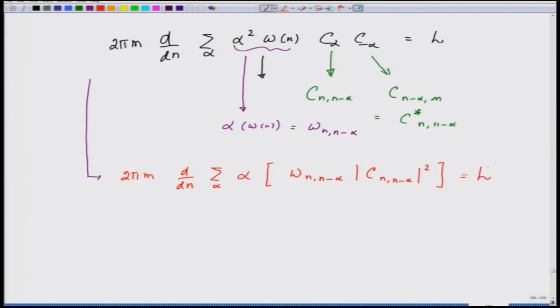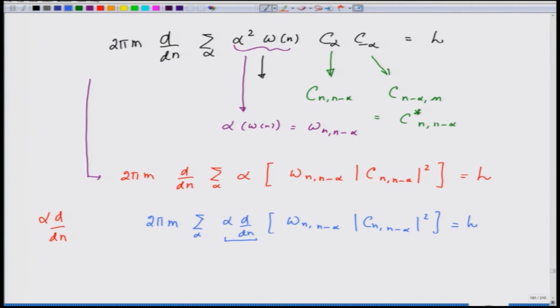Now recall that I had done something with what alpha d by dn means in quantum mechanics, and I am going to use that now. So I am going to write this as 2 pi m summation alpha. I can take d by dn inside because that is operating only on the brackets, the square brackets. So I am going to write this alpha d by dn of omega n, n minus alpha modulus of c n, n minus alpha square is equal to h, and this is nothing but a difference over alpha.